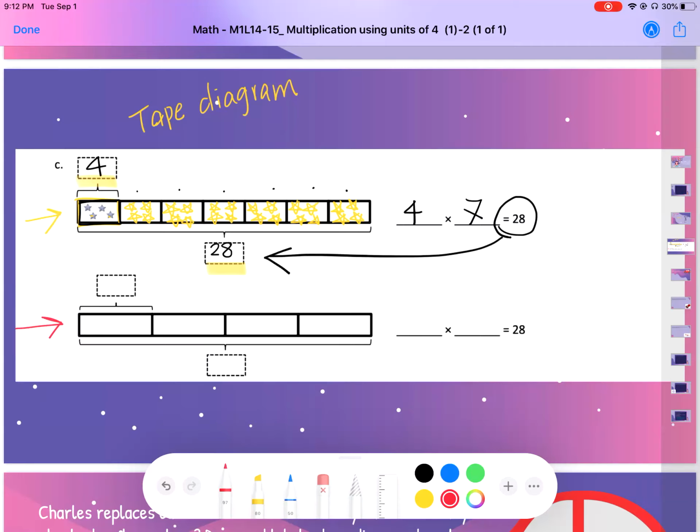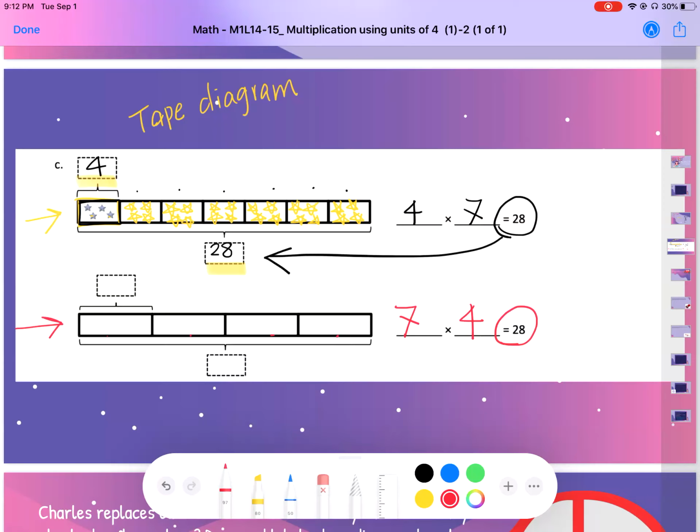Then let's move on and do the next question. For this question, we know that we have the same total. But when we look at the number of boxes, we have 4 instead of 7. That means we need to fill each box with 7 stars. Let's do them together.